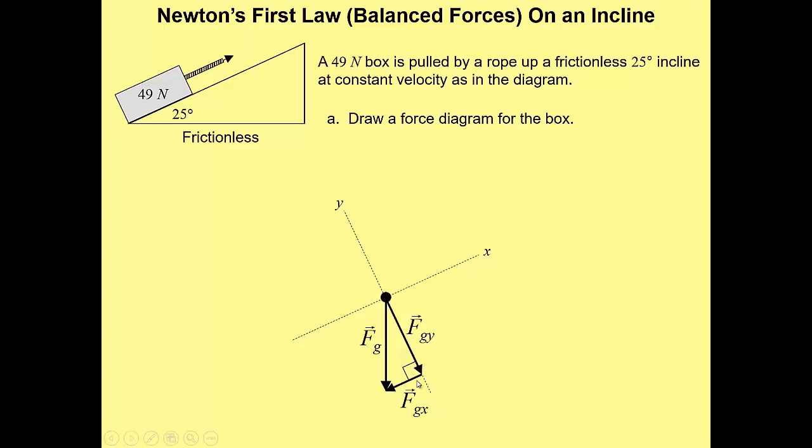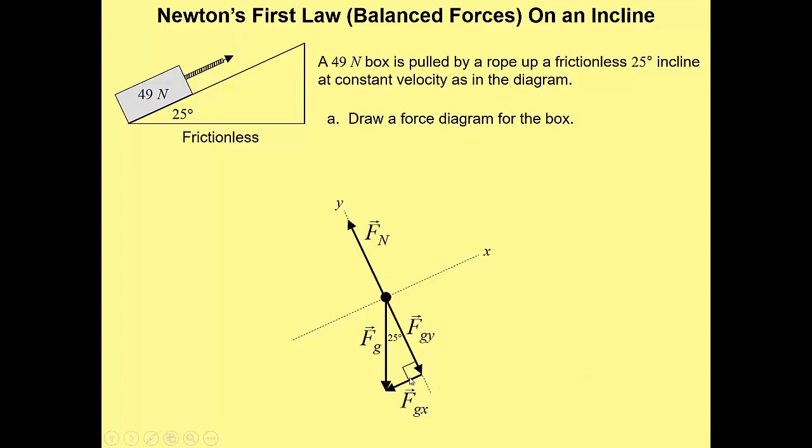Between the components in your diagrams, make sure these are at a right angle. People tend to want to draw this one horizontal, and then it puts the right angle in the wrong corner, and that throws off all your trig. Right? So remember, these are perpendicular components that you're drawing. And then we know that the included angle is the 25 degrees because that's how much we had to rotate the axes. We have a normal force, which acts perpendicular to the surface.